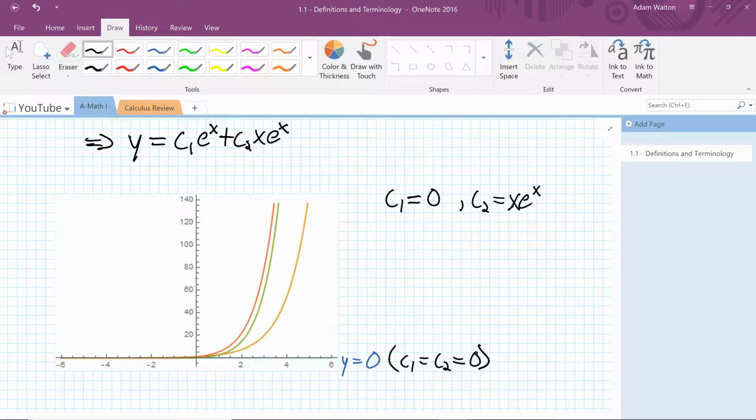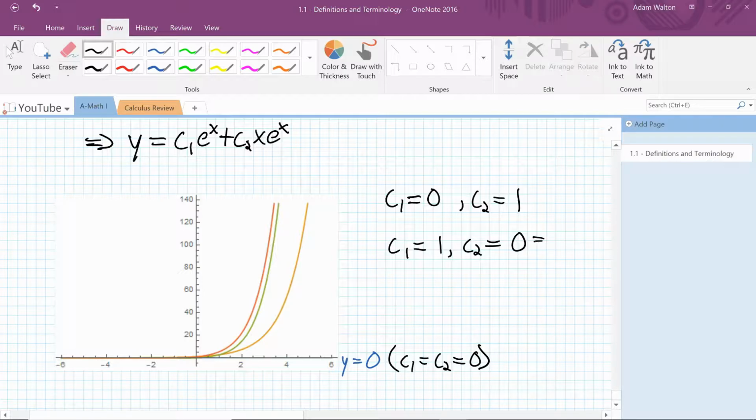And we could also have when C1 is equal to 1 and C2 is equal to 0, so that would just give y = e^x.